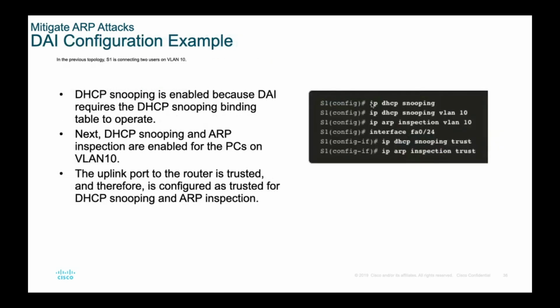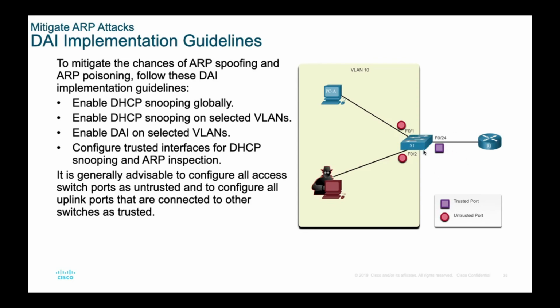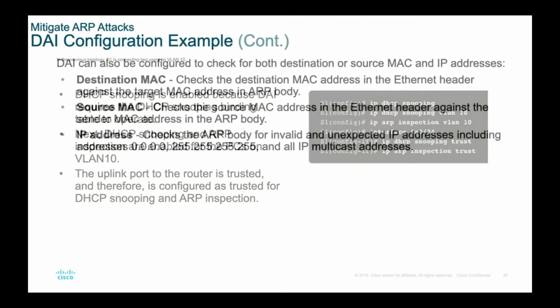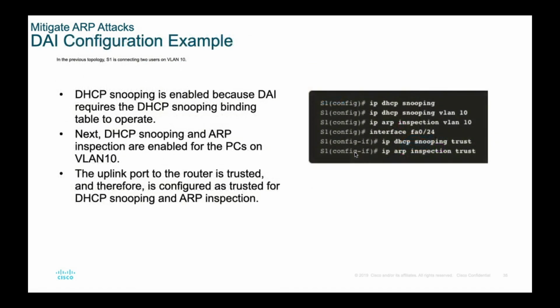So we already did IP DHCP snooping, VLAN, and all the ports, and then we must do IP DHCP snooping trust. This is for FastEthernet 24 actually, for the trust, but for a device. To configure them, we only configure on the port that is connected to DHCP. So we are going to do IP ARP inspection trust.